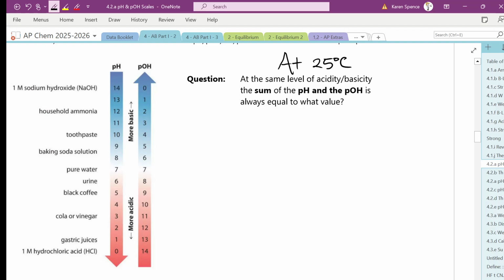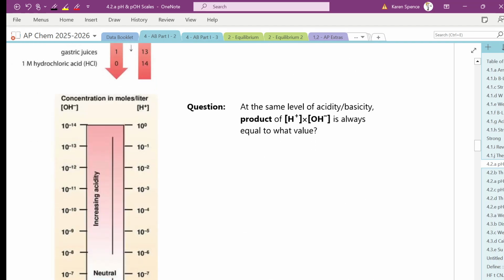At the same level of acidity and basicity, the product of H and OH is also always equal to 10 to the negative 14, again at 25 degrees Celsius.